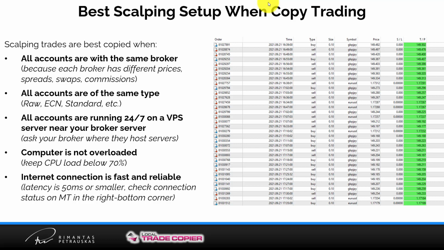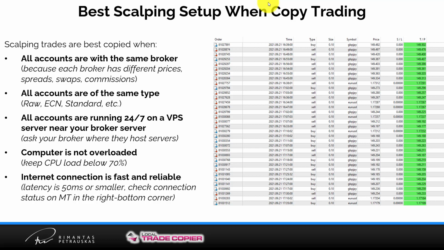There are lots of rubbish VPS servers and lots of great VPS servers. Basically, the internet connection should be fast and reliable, and latency should be 50 milliseconds or smaller if you're scalping. Maybe even 20 milliseconds or smaller.